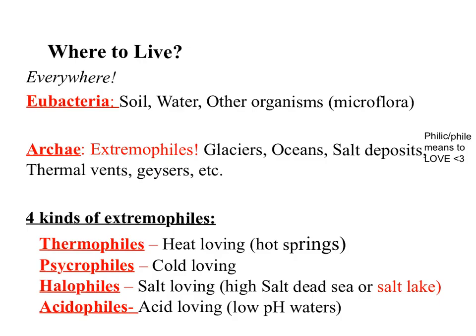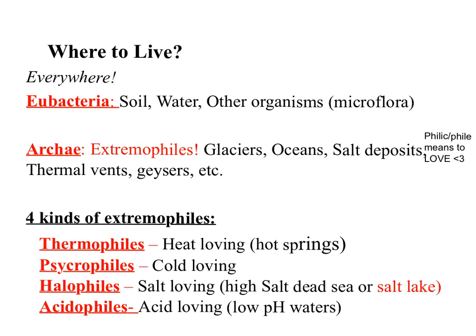Now, as you know, all living creatures need a home or a habitat. Eubacteria and archaea are no different. Eubacteria are just literally everywhere. You think of it, it's probably there: soil, water, organisms, it doesn't matter. Archaea are known as extremophiles.